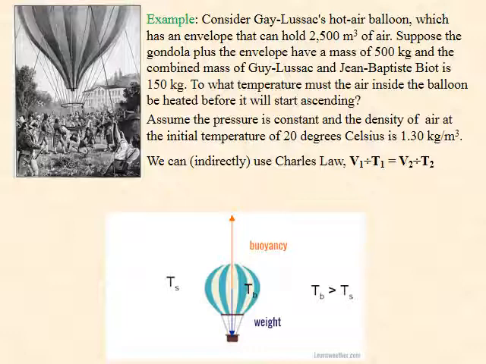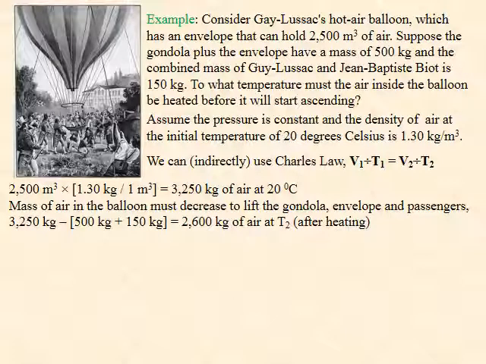Raising the air temperature inside the balloon reduces its density. The buoyant force, according to Archimedes' principle, is the weight of air displaced by the balloon. It all comes down to a simple density calculation, followed by Charles' law. We can start by computing the mass of air displaced by the balloon.